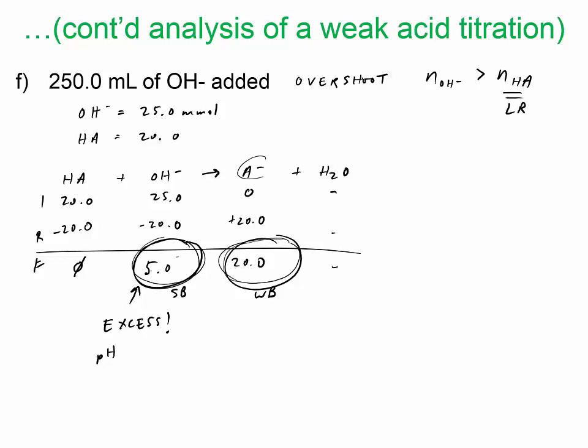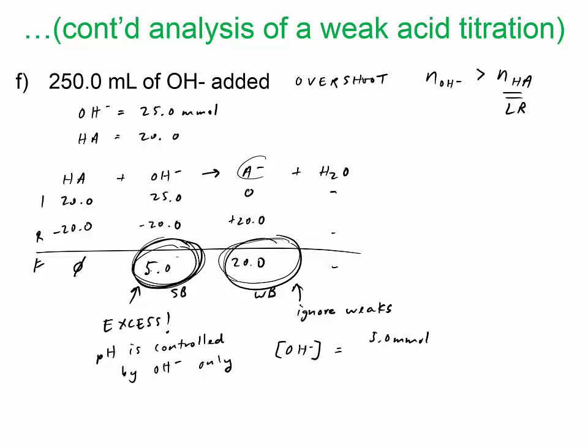So the pH is controlled by OH only. We can ignore the weak when you have a weak and a strong. One little nuance though: remember that we don't just take the negative log of that. These are millimoles, so we need the concentration of OH. That would be 5.0 millimole divided by our total volume.